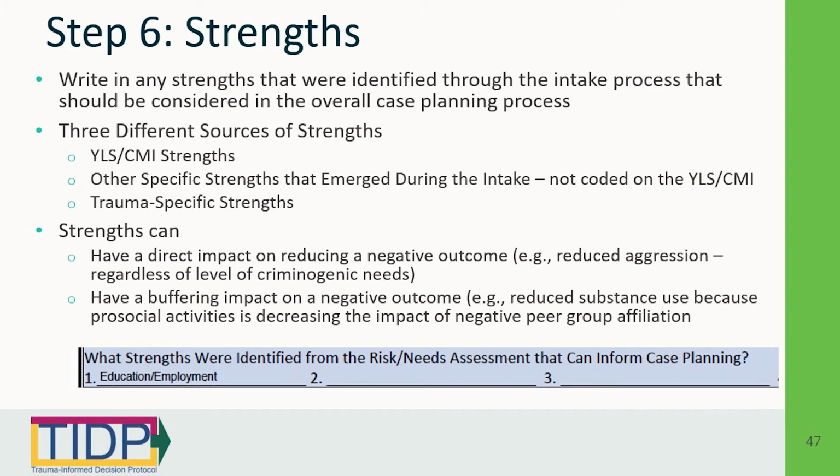So the presence of those positive pro-social activities, in and of themselves, may not be reducing delinquency risk, but they're going to buffer against the specific impact of the substance use need and the delinquent peer need, and indirectly reduce the overall risk for future delinquent behavior.